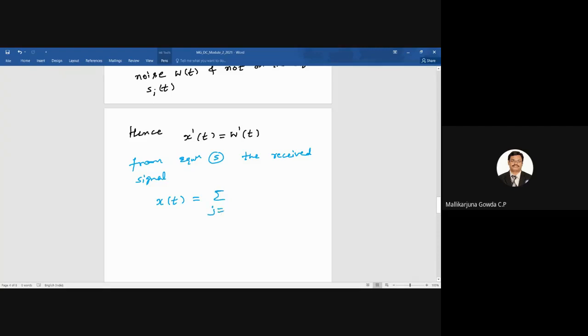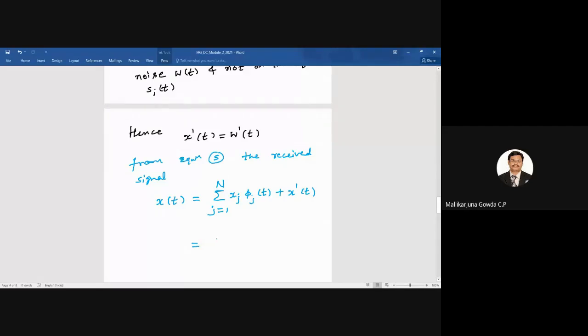Hope you are with me. Summation j is 1 to n xj pi j of t, plus x dash of t. Is that fine? I just rewrote that equation 5: summation j is 1 to n xj pi j of t plus x dash of t. So I understood what x dash of t is, which is equal to w dash of t. Let me substitute that.